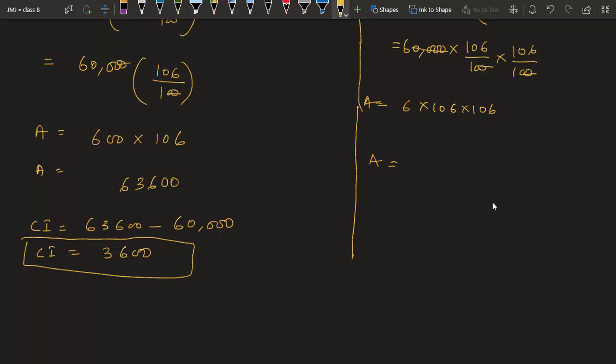Amount is equal to rupees 67,416. So this is the answer for the second case and this was the answer for the first case.